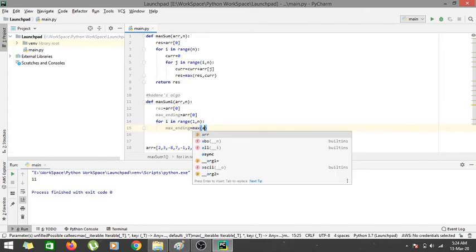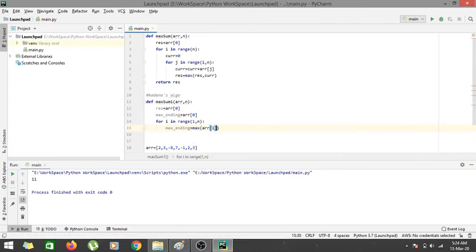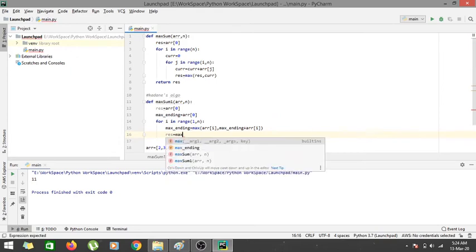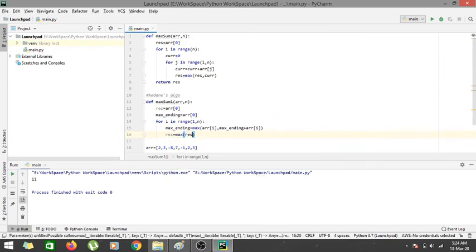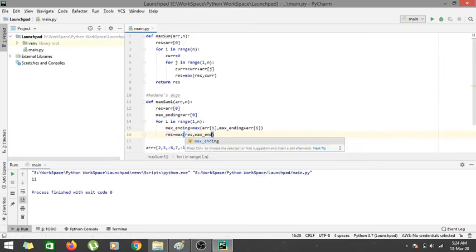So it would either be the element, or the sum of the max underscore ending plus the element at the ith position. Whichever is the maximum, I would be assigning it to the max underscore ending. Now res would be equal to the max of res or max underscore ending.